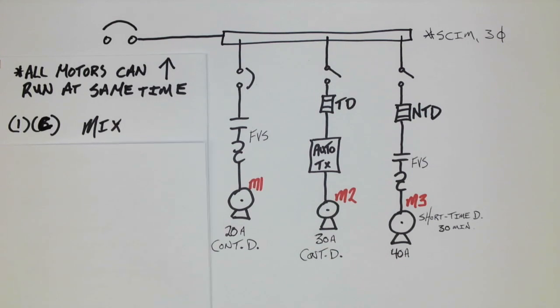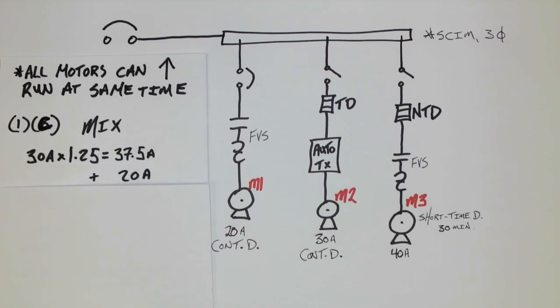If we read through this rule, what it tells us to do is first establish the largest continuous duty motor and apply 125% to it. Then add to it the FLA of the remaining continuous duty motors. And in this situation, there is only one other continuous duty motor. It then says to add to this value the other remaining non-continuous duty motors at their multiplied values.